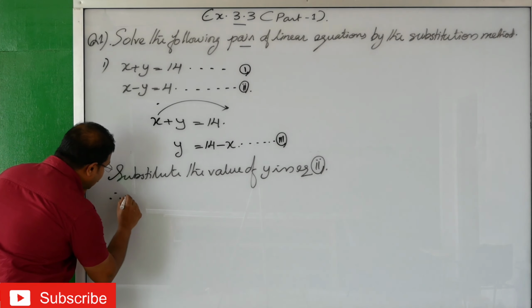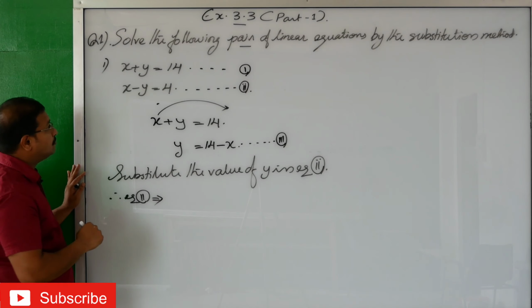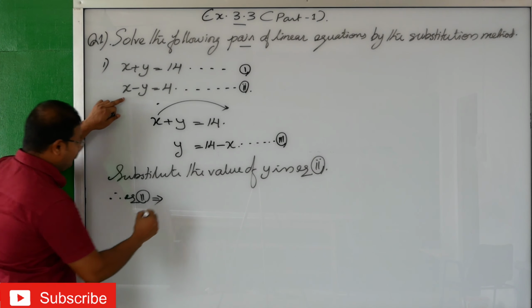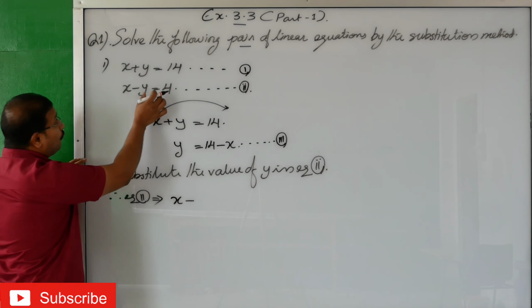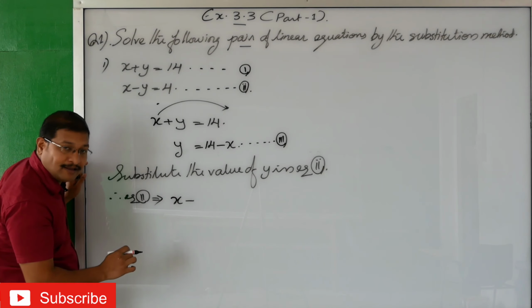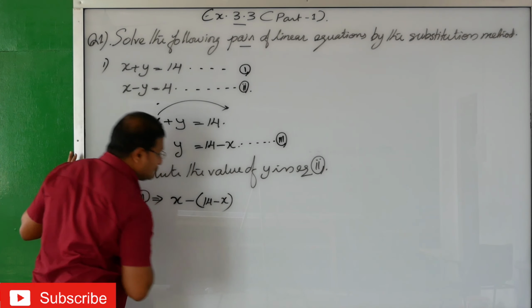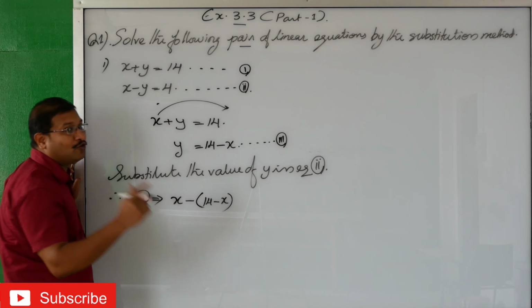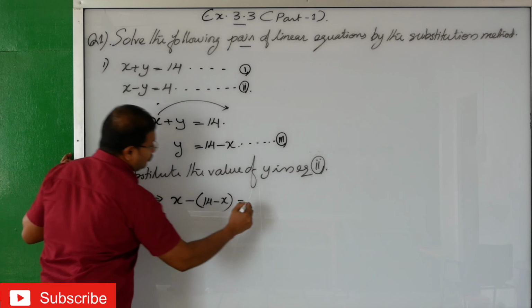Therefore, equation 2 implies, what is the second equation? x minus y. In place of y, we have to put this value, isn't it? So that is 14 minus x. Because of the minus, put one bracket. Ready? This equals, next side, 4.